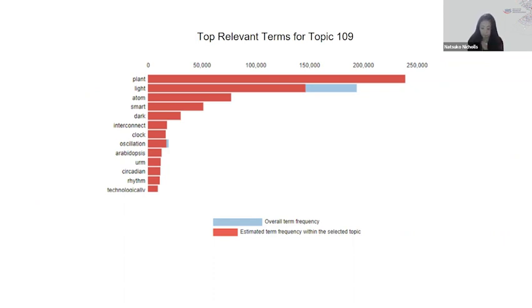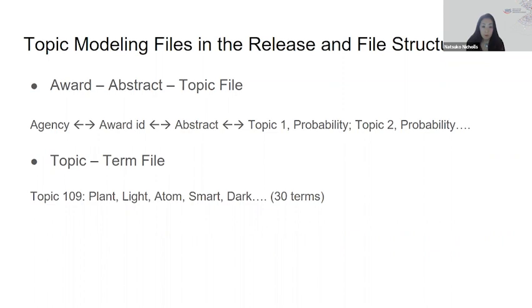So if, for one of the awards and its abstract, topic number 1, which is the highest probability, is topic 109, one wants to know what sort of terms, so the keywords, are associated. In this case, plant, light, atom, smart, dark, and so on.